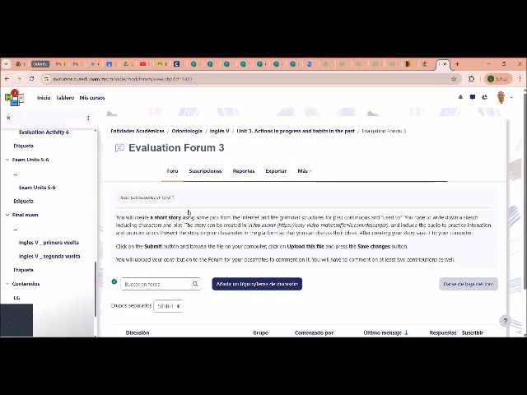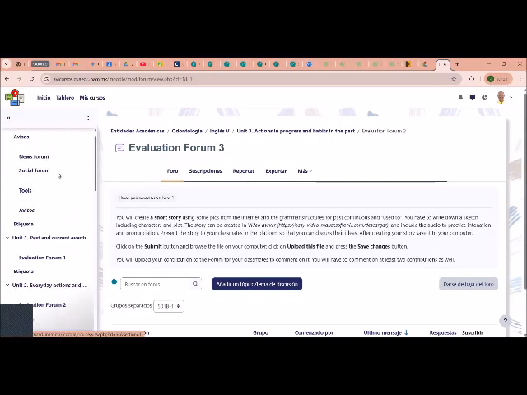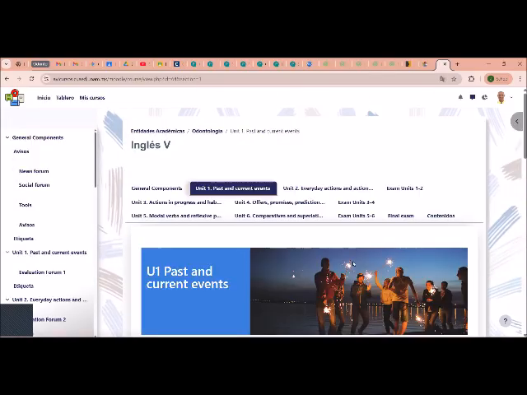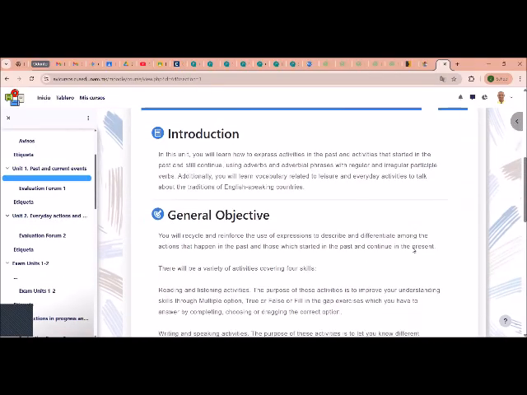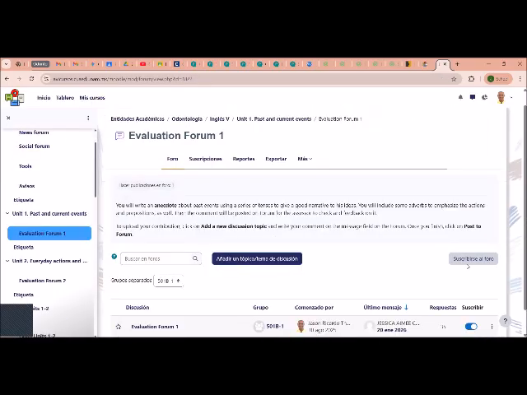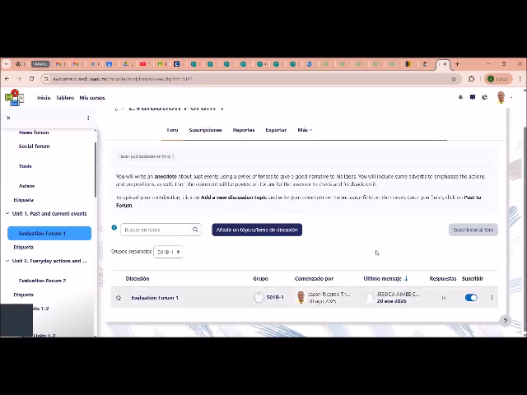All right. Now, in block 5, we were able to do unit 1 together, and then it had a forum. I think everyone got in and completed their forum. If you didn't, it's still open. Go get at least some of the points.